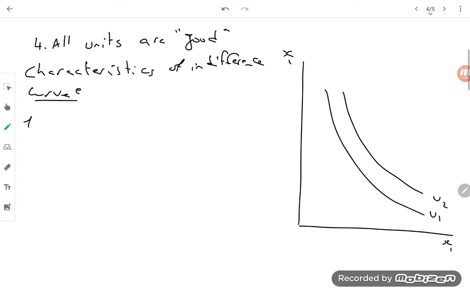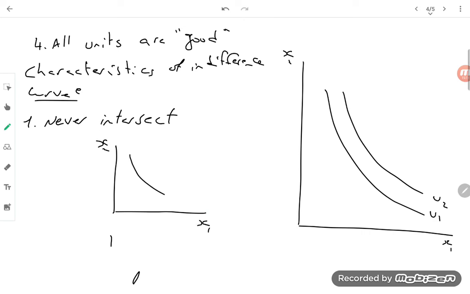Number 1, they never intersect. U2 gives a higher satisfaction level compared to U1. So now let's assume that this is U1 and this is U2.